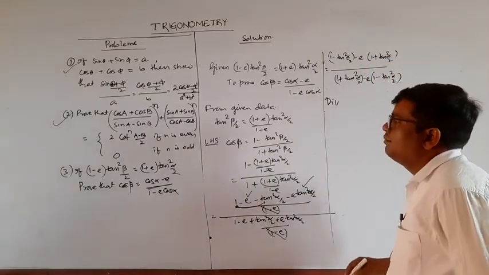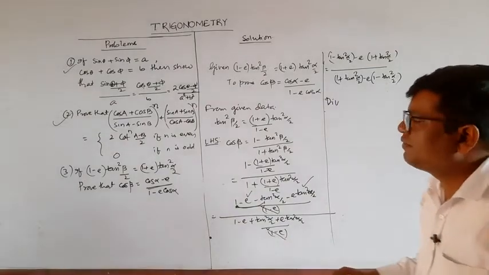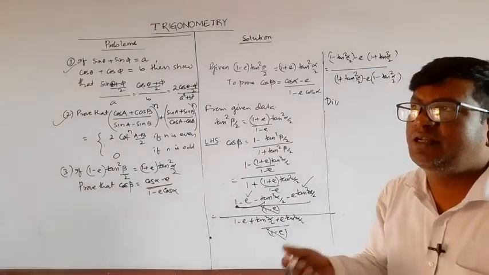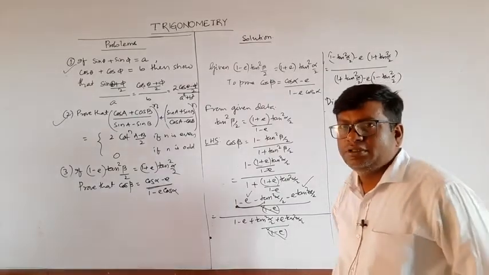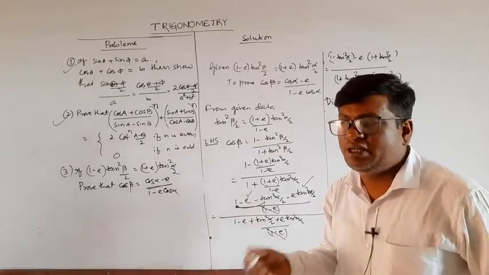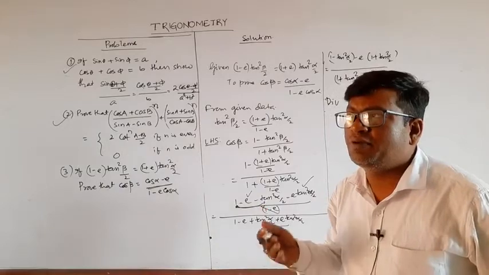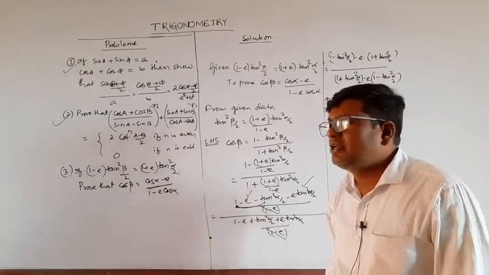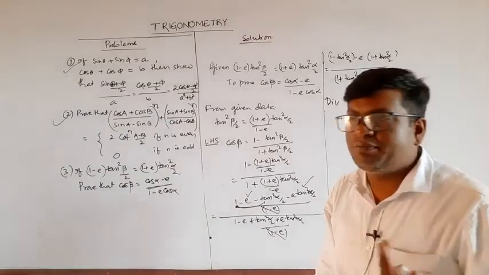What is our aim to prove? That is cos alpha. What is the formula for cos alpha in terms of tan alpha by 2? That is 1 minus tan square alpha by 2 divided by 1 plus tan square alpha by 2.